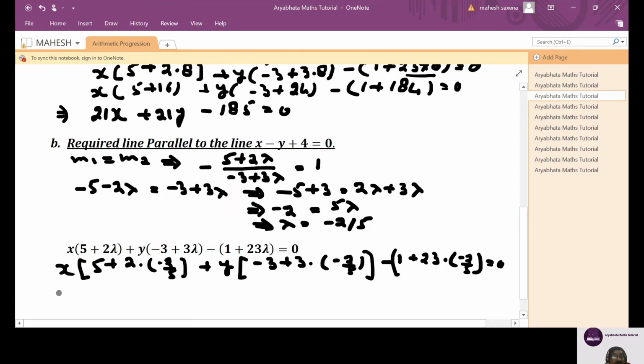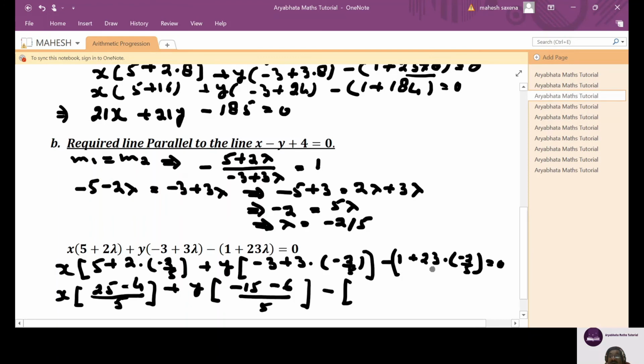Therefore, it can be written as x(25 − 4)/5 + y(−15 − 6)/5 − 5 − 46/5 = 0.